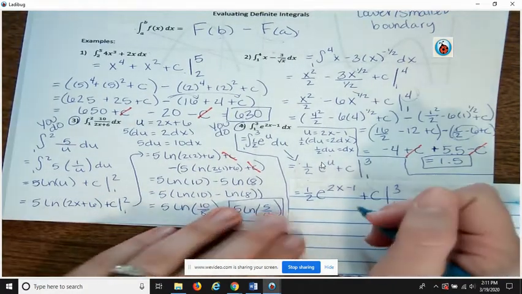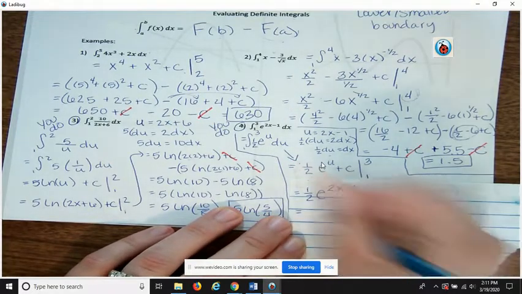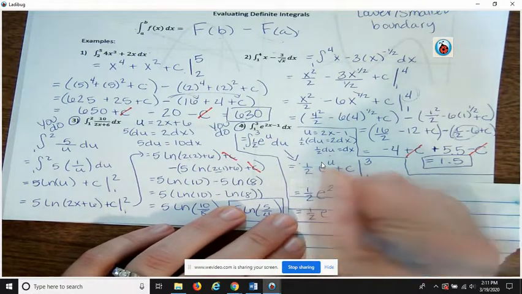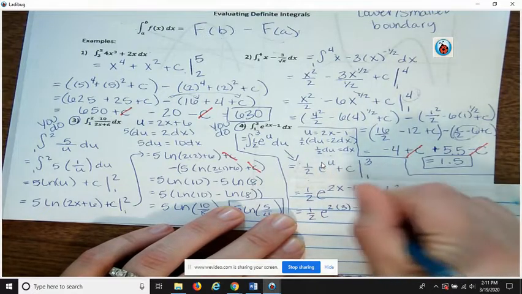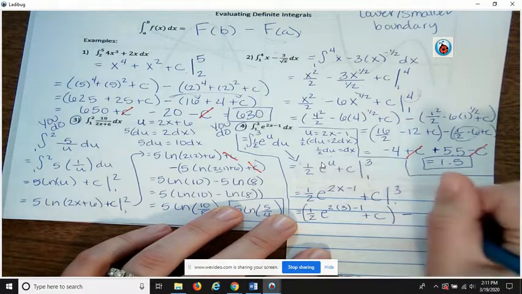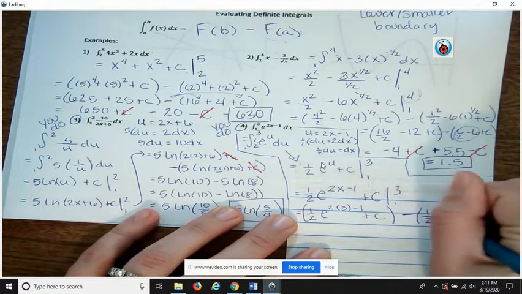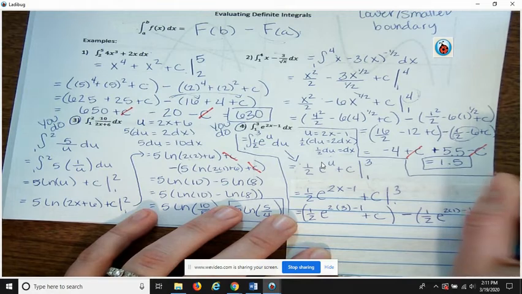Anyways, now I want to sub in my limits of integration. So I'm going to have 1/2 e to the 2 times 3 minus 1 plus c. And then I'm going to have minus 1/2 e to the 2 times 1 minus 1 plus c.